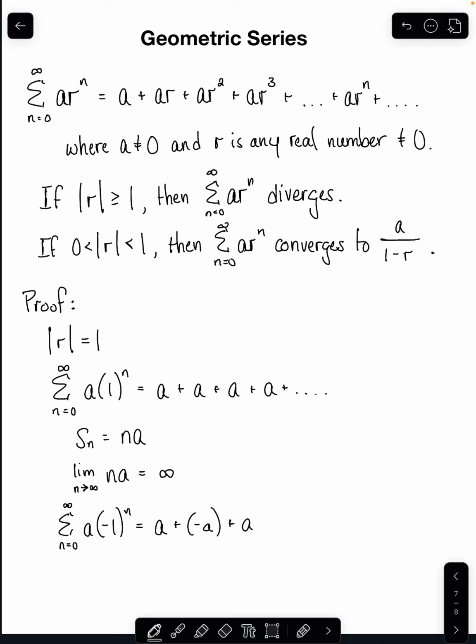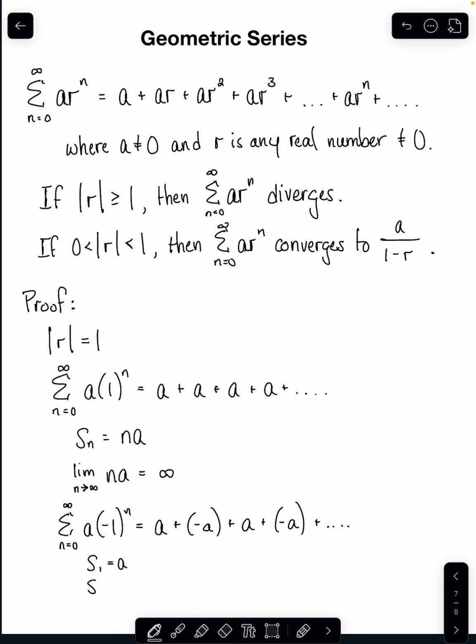And then we have negative 1 to an even power, negative 1 squared, and then negative 1 to an odd power, negative 1 cubed, and so on. So that our partial sums are going to alternate between a and 0.